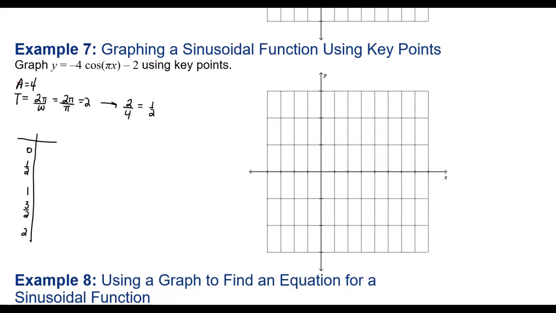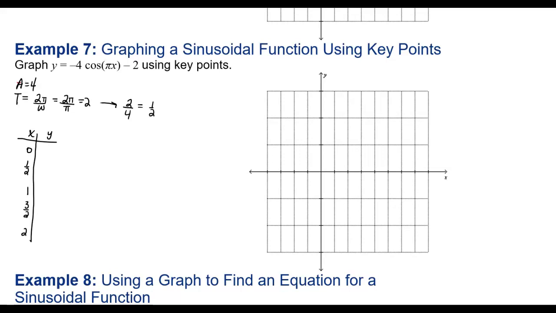Now let's just take it bit by bit. First things, here's our x, here's our working y. All right, we know that cosine normally starts at 0, 1.